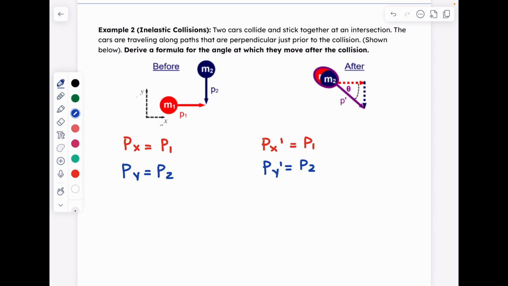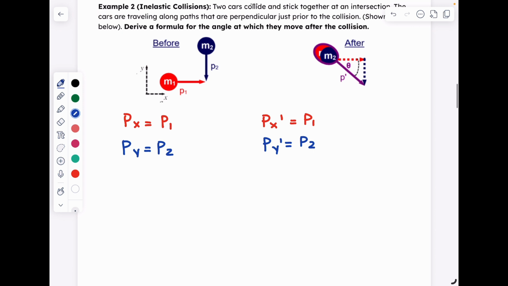So with that being said, when we want to solve for an angle here, we're going to label this triangle with P2 here and P1 here. And it looks like in our notes they label these PY and PX.